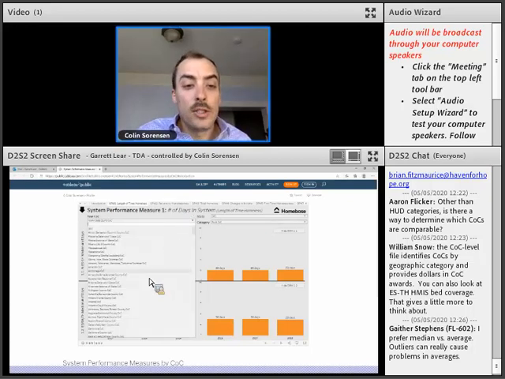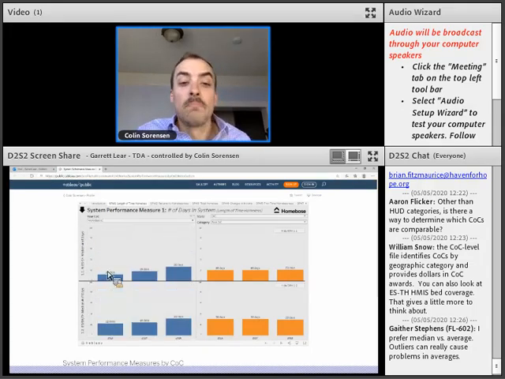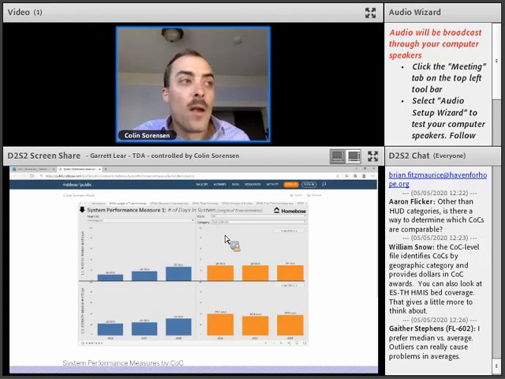So if you wanted to look at the state Texas and the category rural CoCs, you will then see the median data of all rural CoCs in Texas for that particular SPM. And then finally, arrows in the top left indicate whether that SPM should be increasing or decreasing over time. Most of them, our goal is for it to be decreasing, except for a few SPMs.